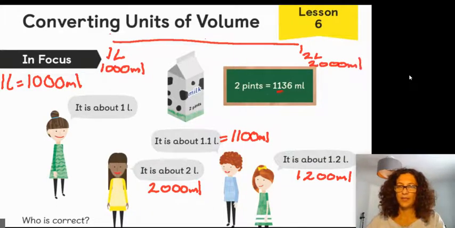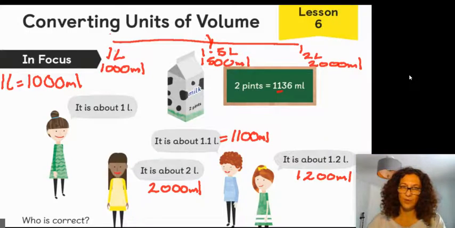Where on the number line is my 1,136 going to go? What goes in the middle? That might make it a little bit easier. You're correct. It's 1.5, because 0.5 is half a litre, or 1,500 millilitres. Okay, now is 1,136 millilitres going to be closer to this, our 1 litre, or our 2 litre?